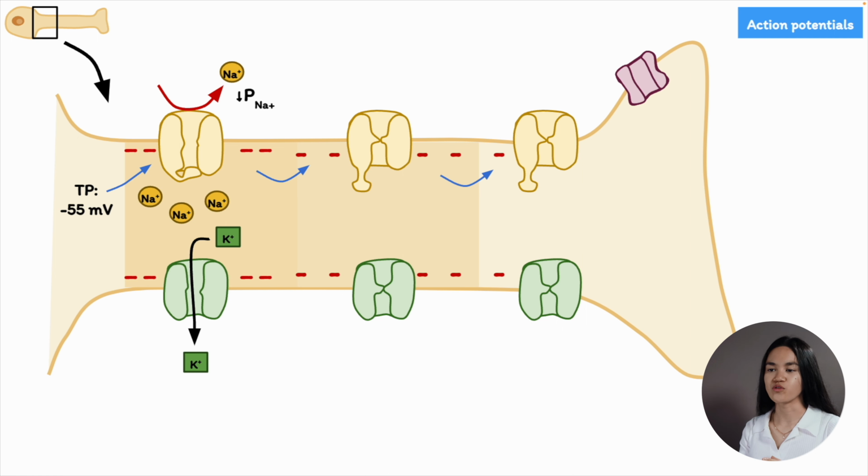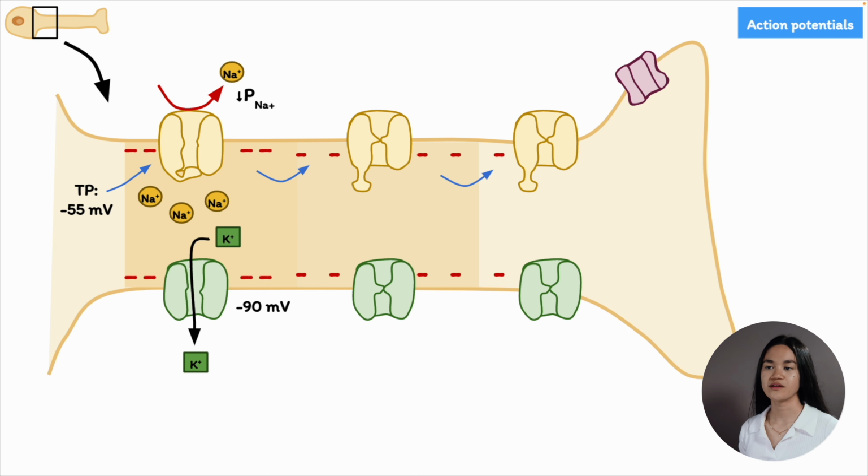However, because these voltage-gated potassium channels are slow to close, more potassium ions may leave, making the inside of the cell even more negative than its resting potential, briefly hyperpolarizing the membrane to negative 90 millivolts, okay? Eventually, the voltage-gated potassium channels all close and the membrane returns to resting potential until another triggering event happens, okay?